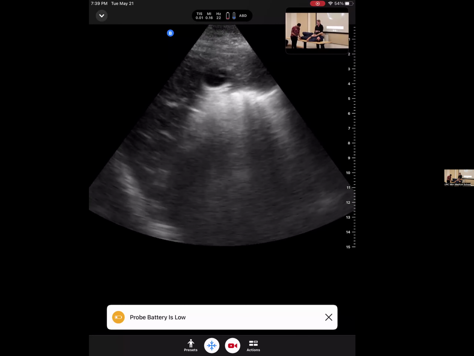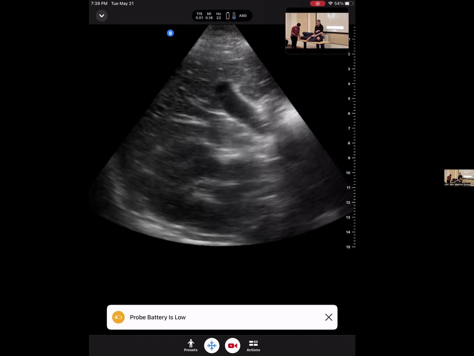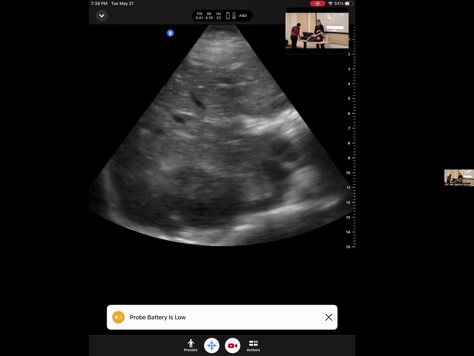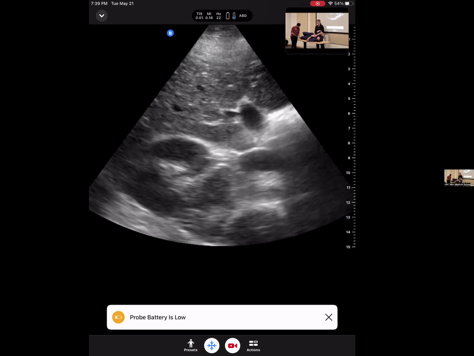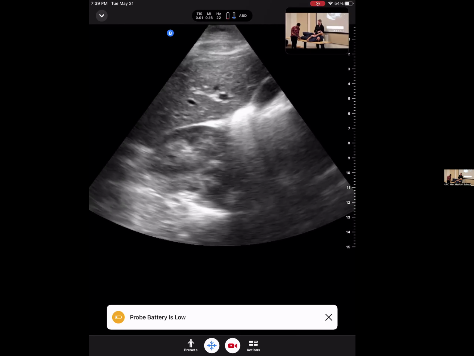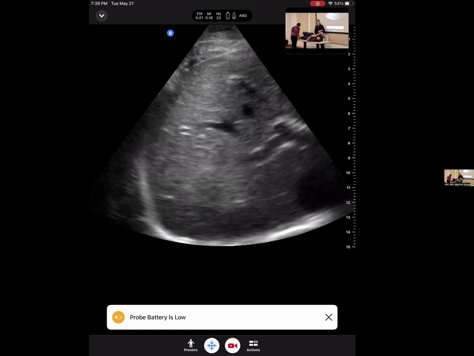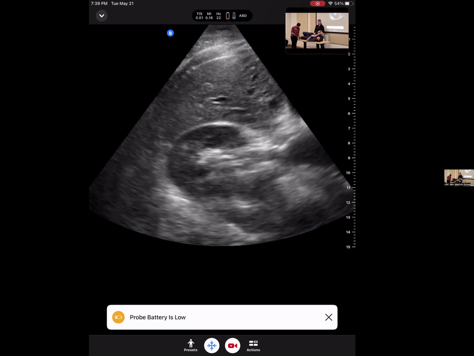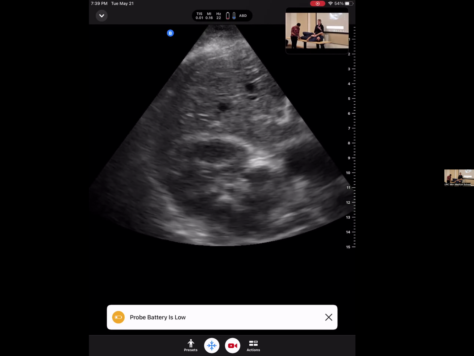It's causing all of this stuff behind it. And there's a kidney, the right kidney, all the way down to the bottom part of the kidney, the inferior pole, all the way up. Stones, cysts.